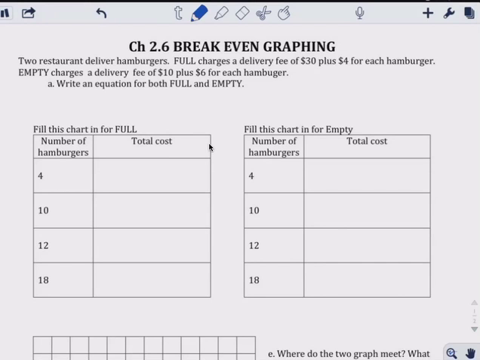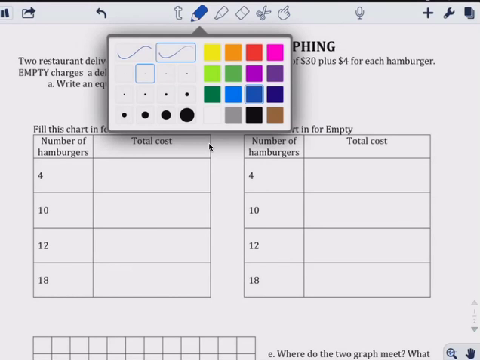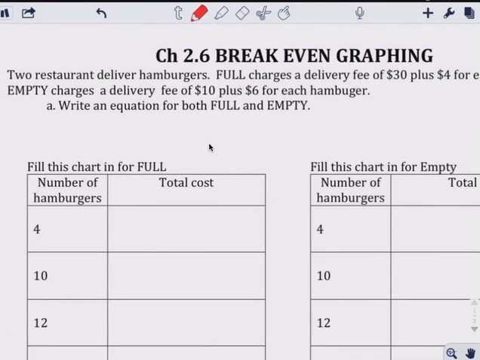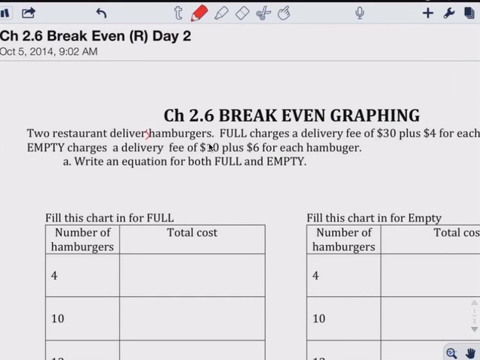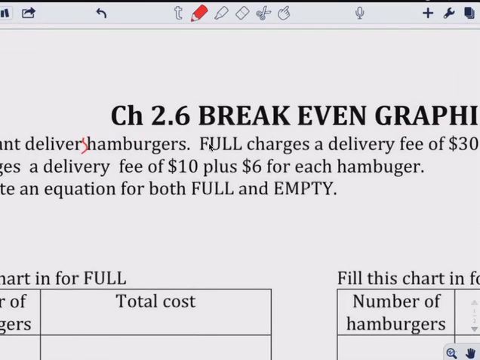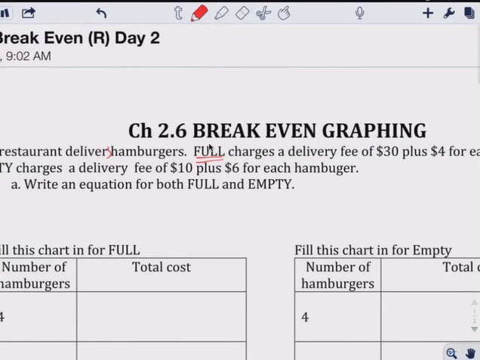Okay, let's look at this. I typed this out myself. So the restaurant is called Full and Empty. See that? Two restaurants deliver hamburgers.